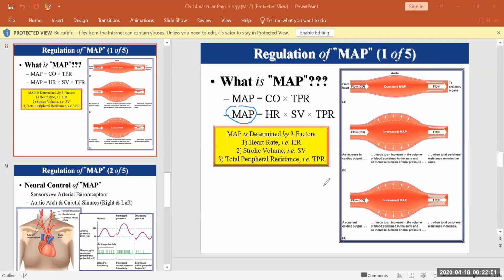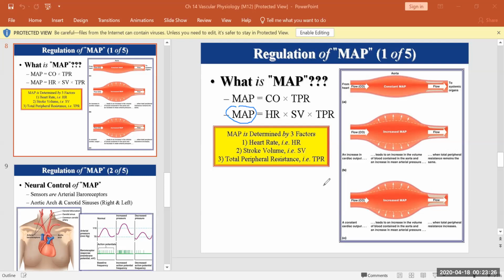Yes, through the blood vessels, so through the arteries, through the capillaries, and through the veins, and so on and so forth. The beauty about this is by the time blood gets back to the right atrium, the entry of venous blood into the heart, MAP is exactly 0. That's the beauty, right?